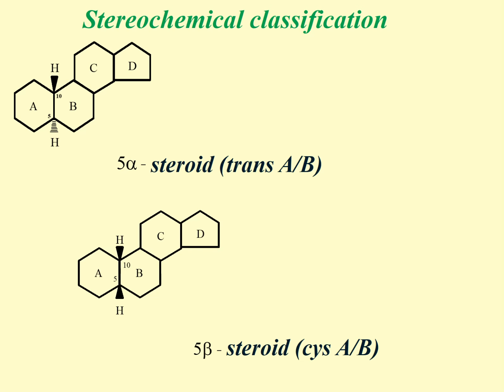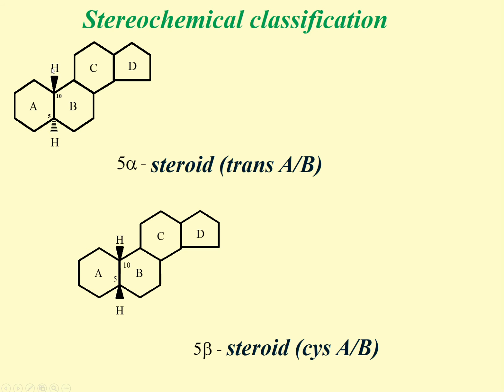For steroids, some special approaches to stereochemistry are possible when we present steroids in the standard way, A, B, C, D, from left to right. We can name any substituent, including hydrogen, in alpha beta descriptors.